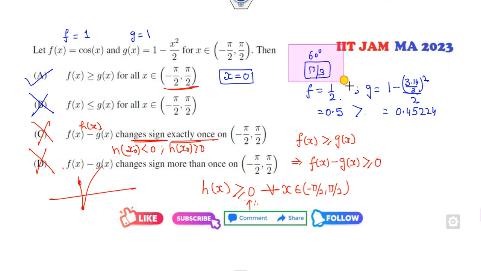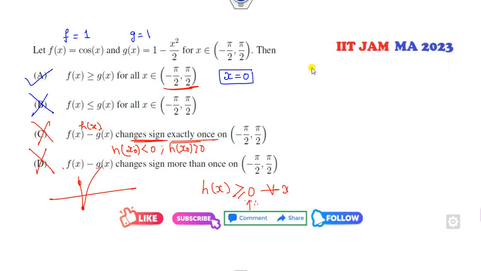Otherwise, there is one more way. We all know the expansion of cos x: 1 minus x squared by 2 factorial, plus x to the 4 by 4 factorial, minus x to the 6 by 6 factorial, and so on. So what is f(x) minus g(x)? Clearly this is g(x).